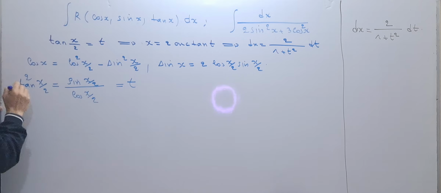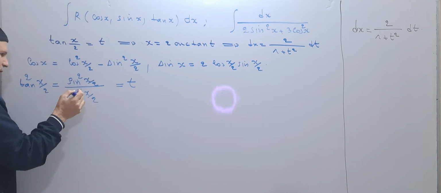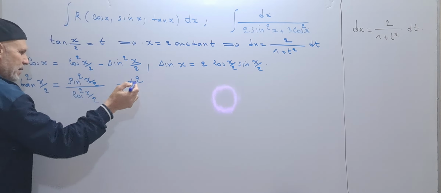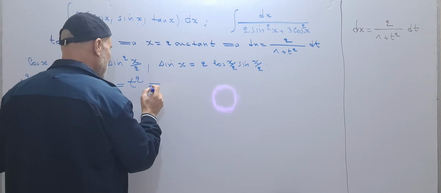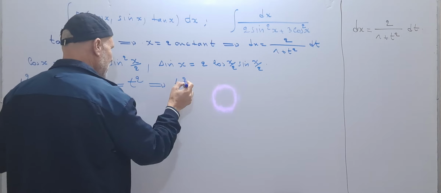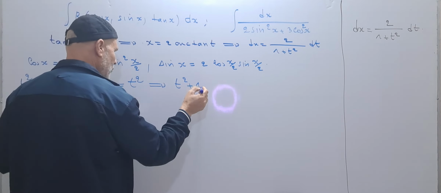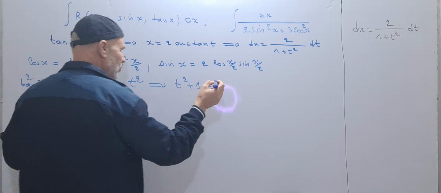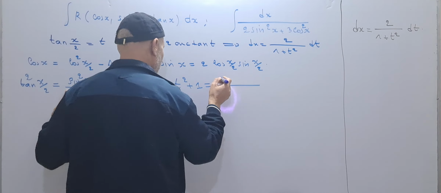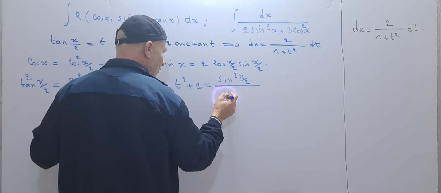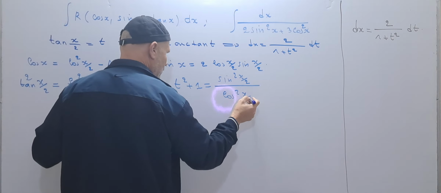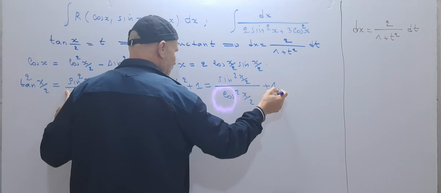So if we take the square, this implies that t squared plus 1 is equal to sine square x over 2 over cosine square x over 2 plus 1.